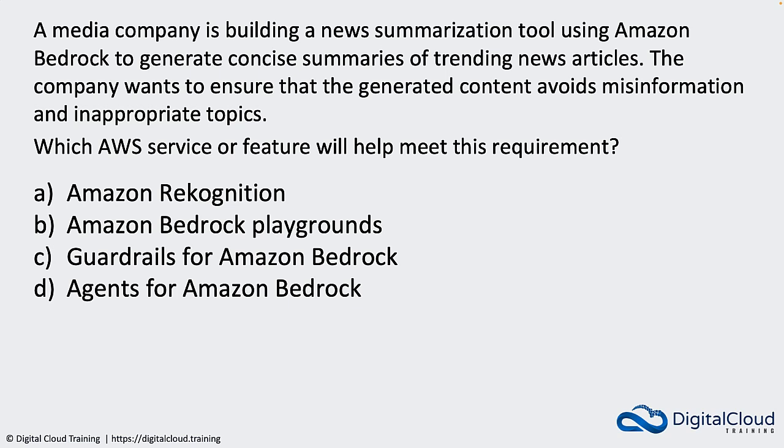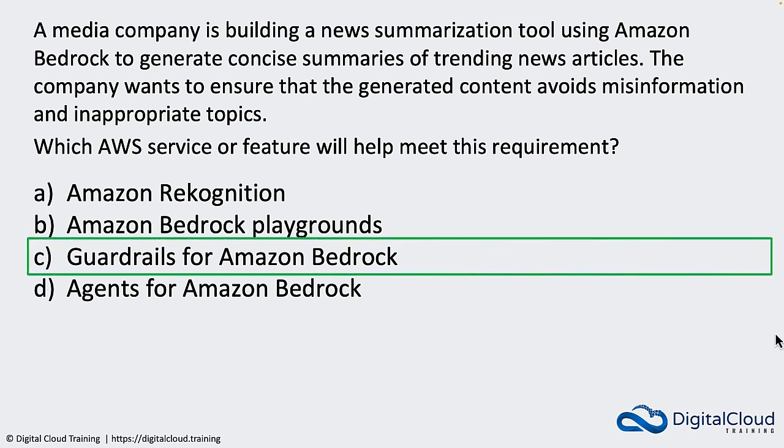So I definitely like C. D is agents for Amazon Bedrock. Now, agents will help orchestrate complex multi-step tasks. So think of workflows. And they do use foundation models, but they don't address the need here to filter or restrict the type of content that gets generated. So I definitely like C, and C certainly is the correct answer in this scenario.